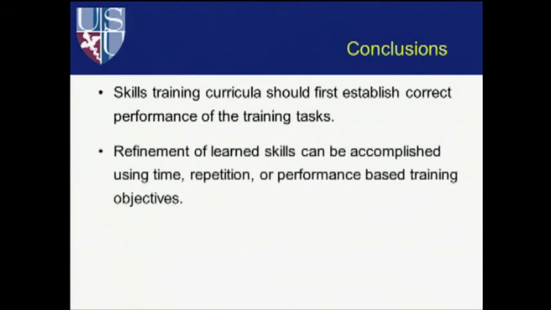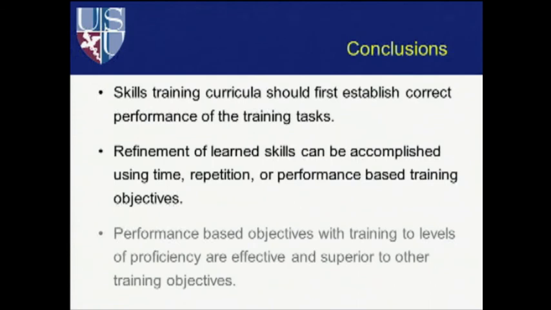And then refinement of learned skills certainly can be accomplished using any of these defined training objectives, but I think there's reasonably good evidence to show that in a simulation environment, when you can easily and rapidly measure the actual skill and task performance, training to levels of proficiency is effective and superior to those other training objectives.